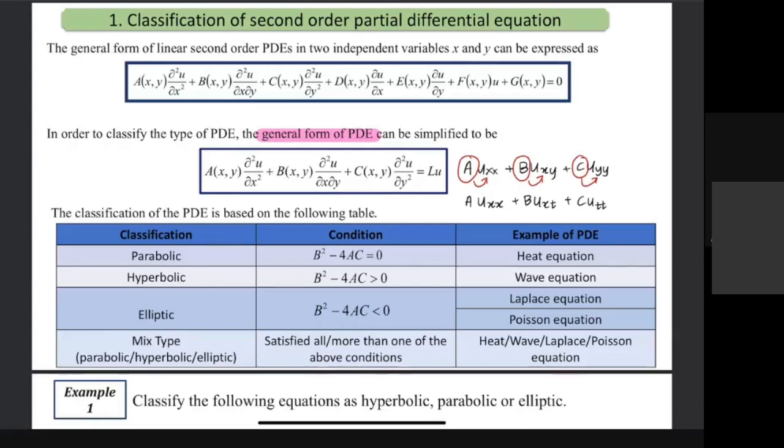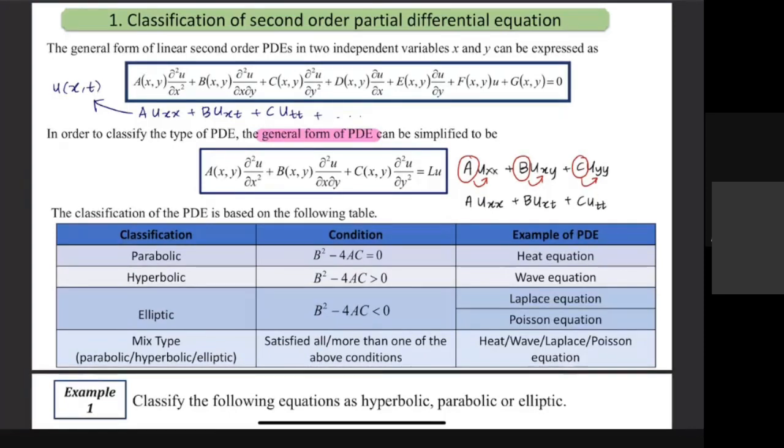The most important are these three: A, B, and C. Let's say we have u in terms of x and t. The general form will be A uxx plus B uxt plus C utt plus the rest.